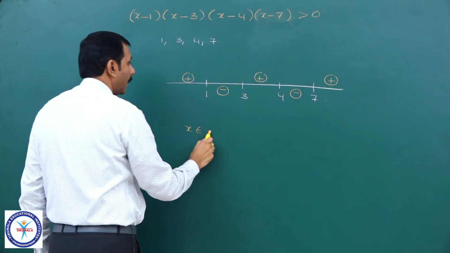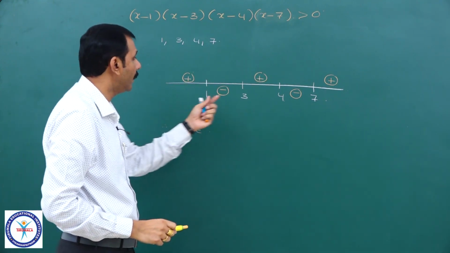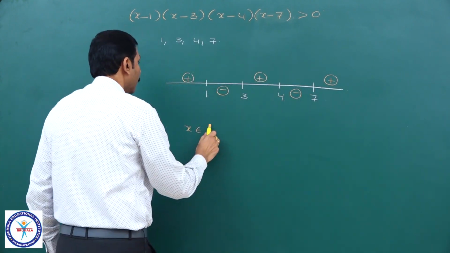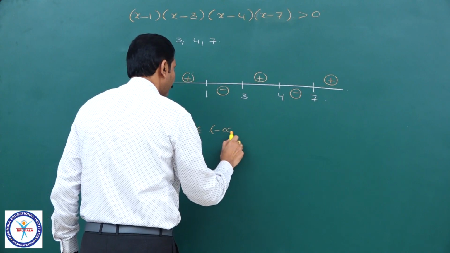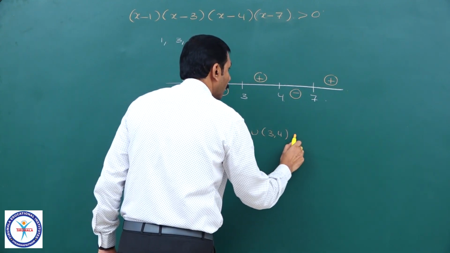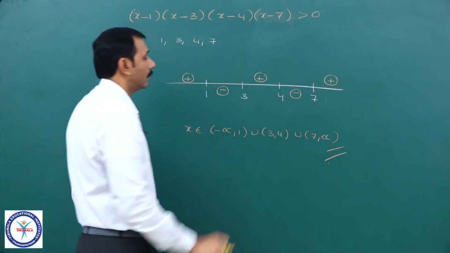Therefore, x belongs to, where it is positive, minus infinity to 1, between 3 and 4, and 7 to infinity. x belongs to minus infinity comma 1 union 3 comma 4 union 7 comma infinity will be the solution.